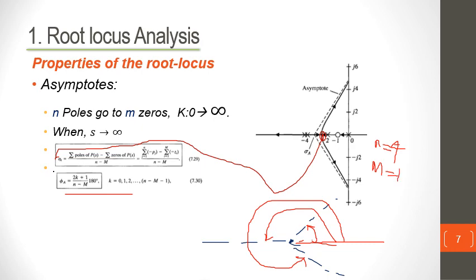All of those 3 angles, angle phi A1, A2, A3, can be given by this formula, where k is equal to 0, 1, 2, and so on, up until n minus m minus 1. In our case, this will stop at 2. So it will be for k equal to 0, k equal to 1, and k equal to 2. So we'll have those three angles here.